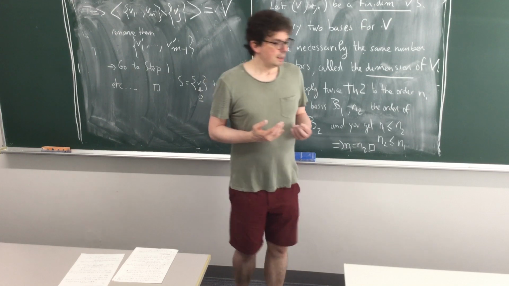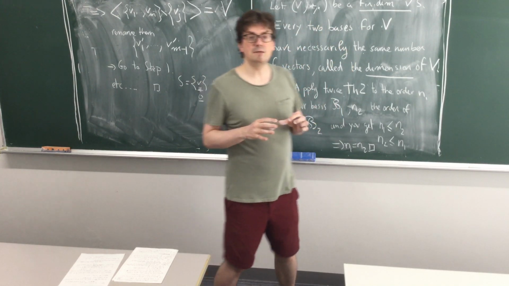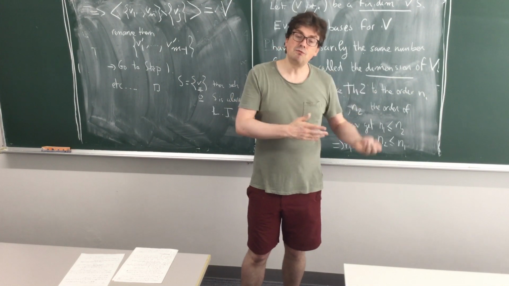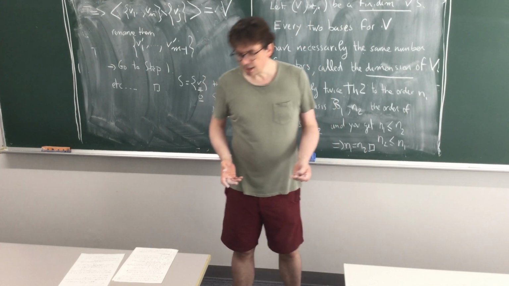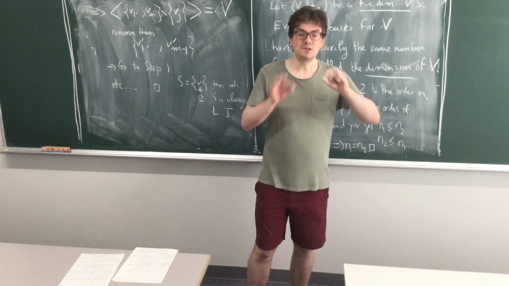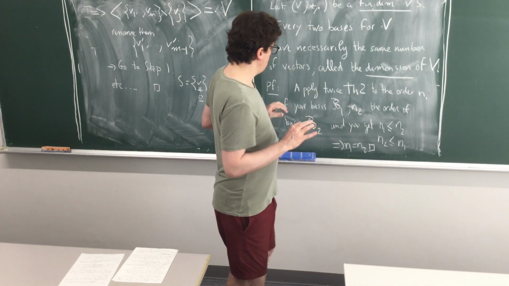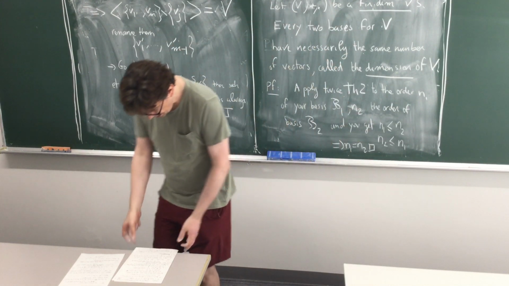Now, what I say here is that when you have a finite dimensional vector space, you can have many bases, but they will always have the same number of vectors, and this number of vectors will be called the dimension. That's it.